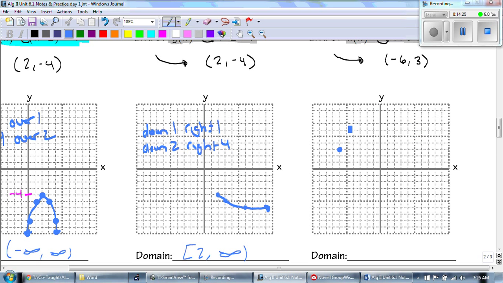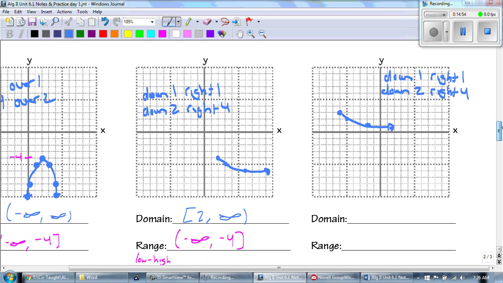And then I'm going to go down 1, right 1, down 2, 1, 2, 3, 4. Okay, so we went down 1, right 1, down, sorry, not down 4, down 2, right 4.